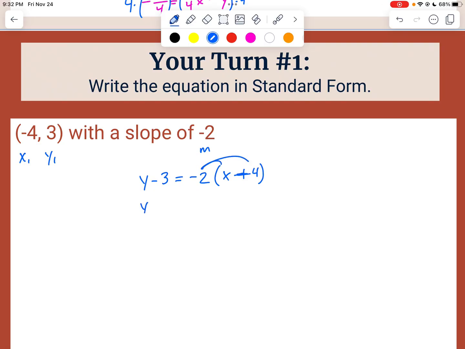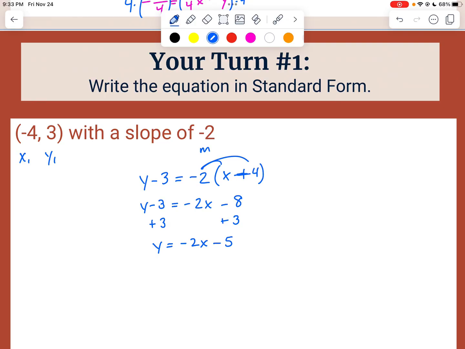Distribute. y minus 3 equals negative 2x minus 8. Add 3. y equals negative 2x minus 5.